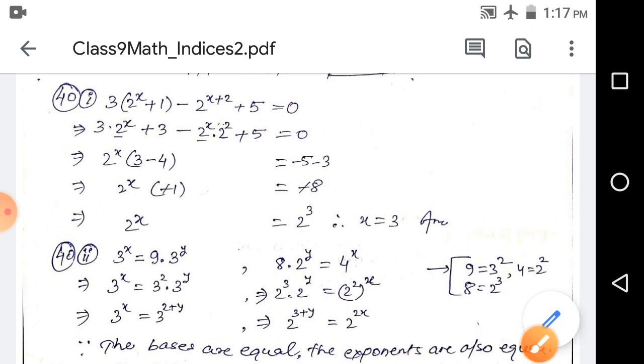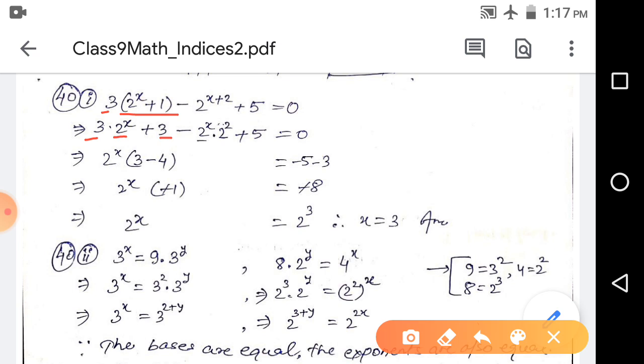So what we did here, we just multiplied this 3 with this bracketed term, so it is 3 into 2 to the power x, and 3 into 1 is 3, and here we have 2 power x plus 2, so you can write 2 power x and 2 power 2 when those are multiplied, and plus 5 is written here.